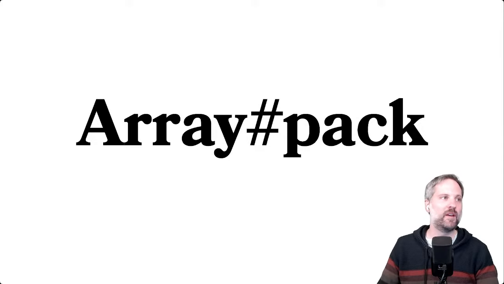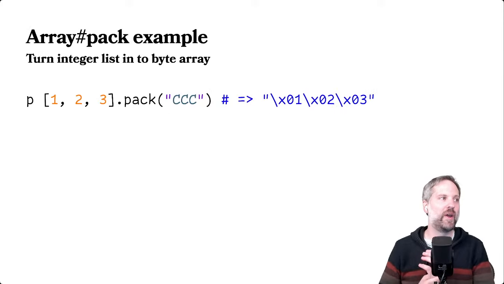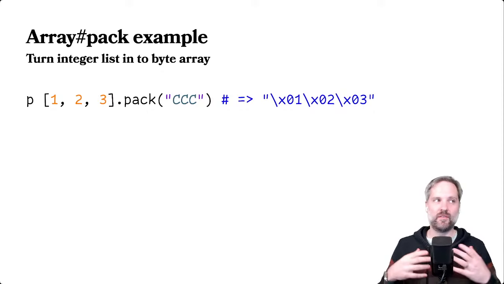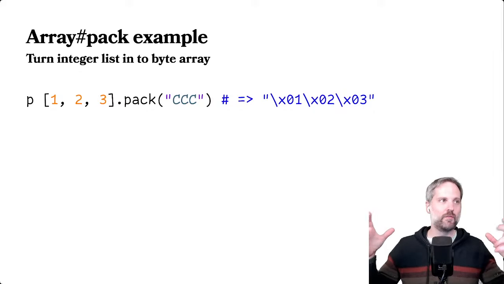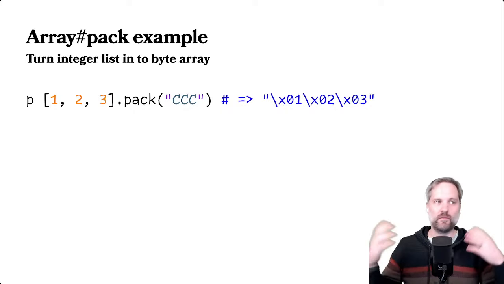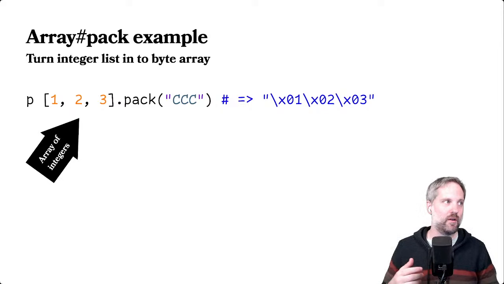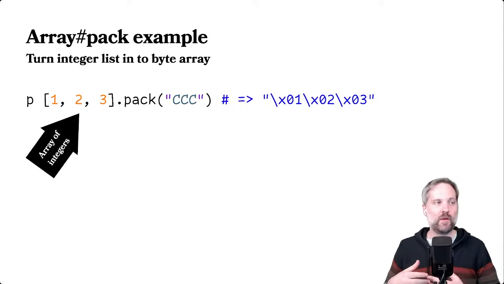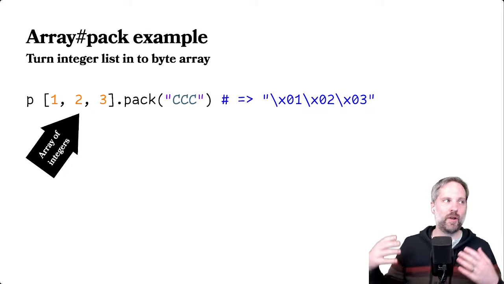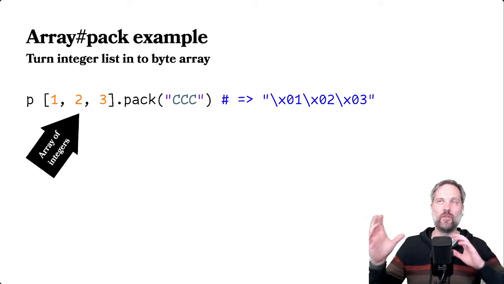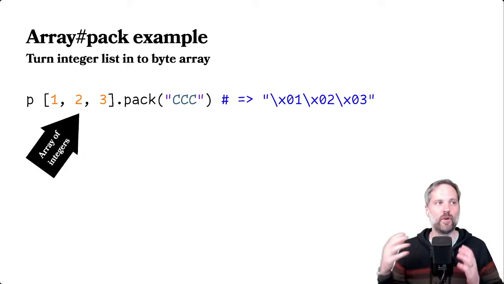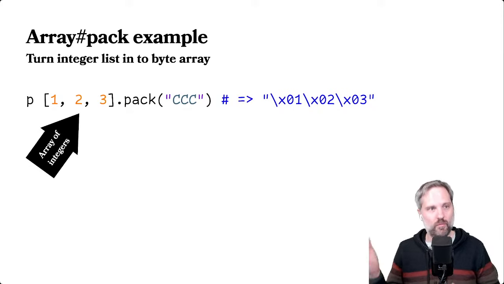As an example, what is array.pack? It's a really simple method. We take an array of integers, for example, and call pack, providing it with a format string. All the format string does is tell the method how to convert this array of integers into a binary string.